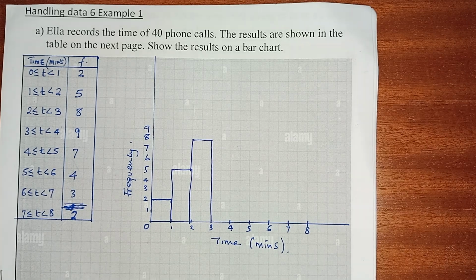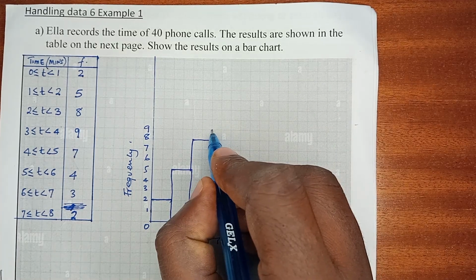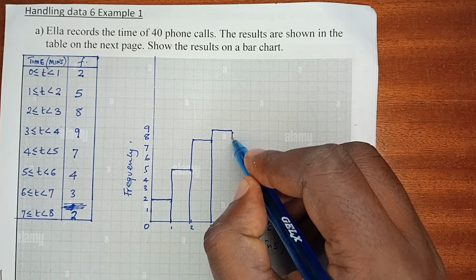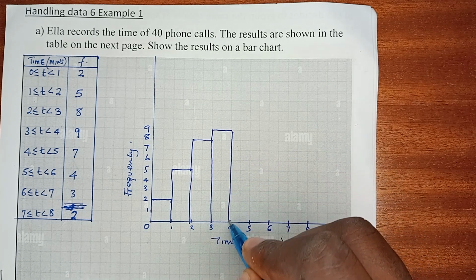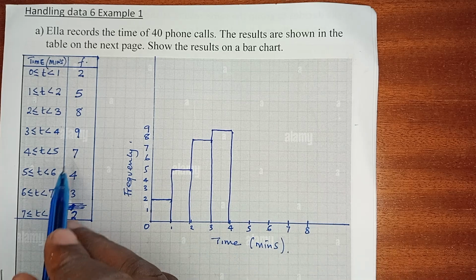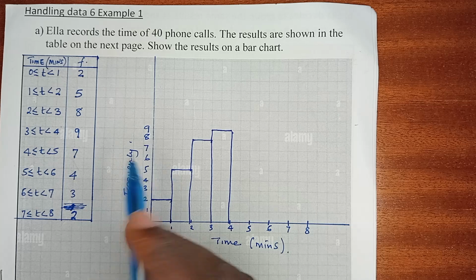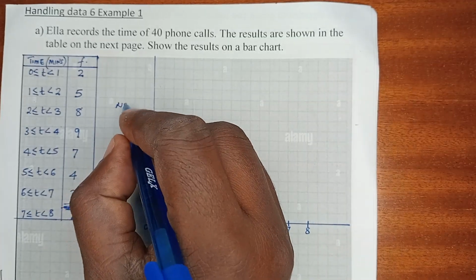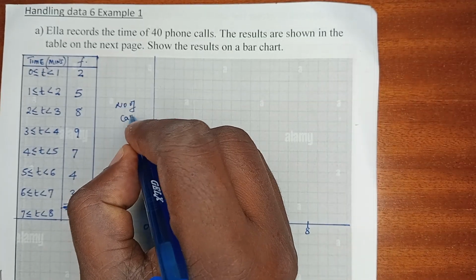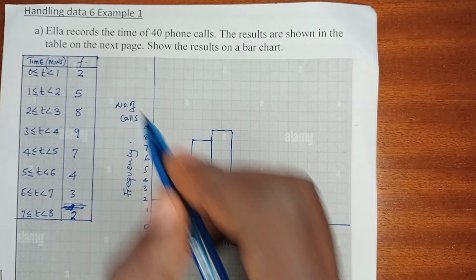And then 3 to 4 minutes, we have 9 calls. Just rise one step above. This is the fourth bar. 4 to 5 minutes, we have 7 calls. This is the number of calls, the frequency, which is also the number of calls.